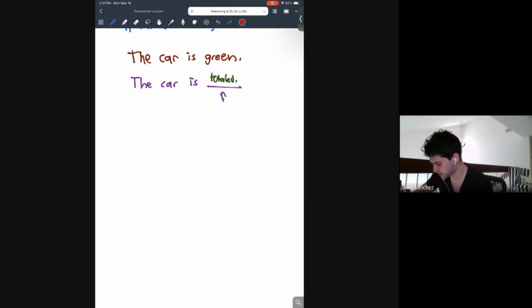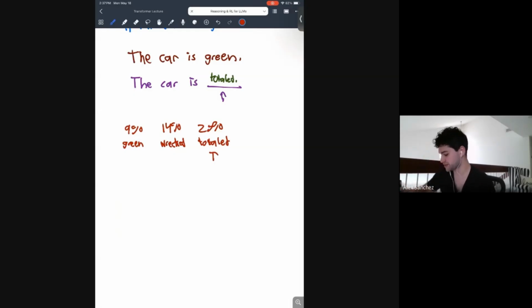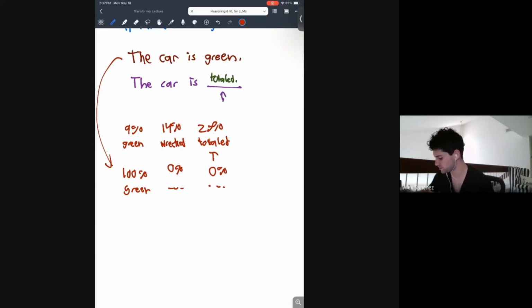Maybe 9% thought the car was green, 14% thought wrecked, which is synonymous with totaled, but then 27% put totaled, and that's why I picked totaled. But the ground truth is 100% green and 0% wrecked and totaled.